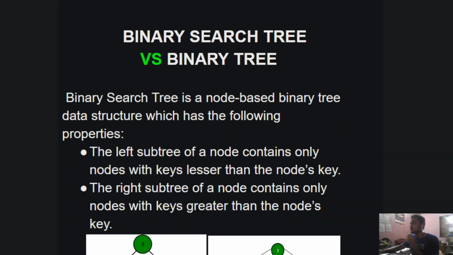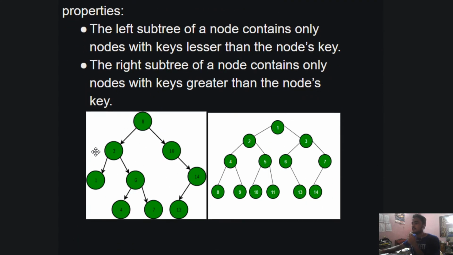For example, this is a binary search tree and this is a binary tree, right? If you take this binary search tree example, we can see that every left subtree is less than its parent node. That is a condition of a binary search tree and it satisfies it, right?